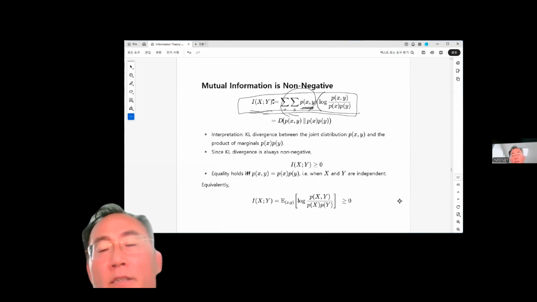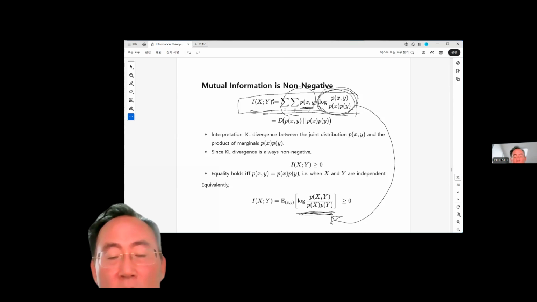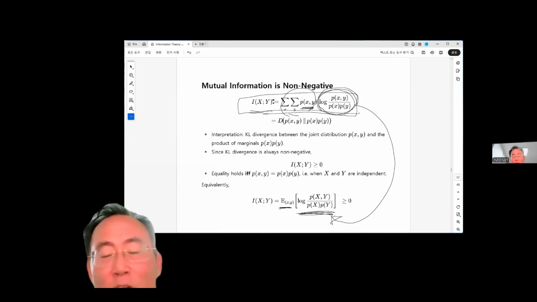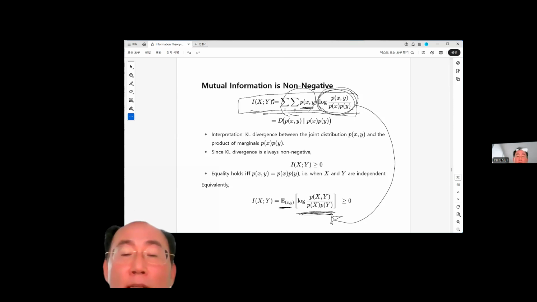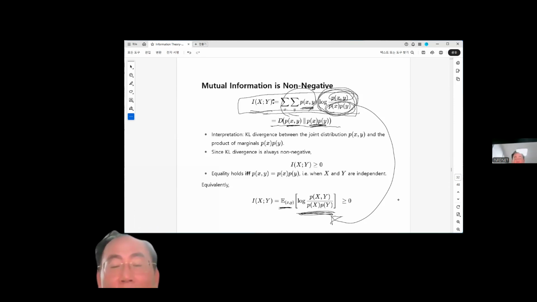The argument can be written as this: the expectation over the distribution p(x,y) of this random variable. And that can also be written as the relative distance between two distributions, the joint and the product distribution.